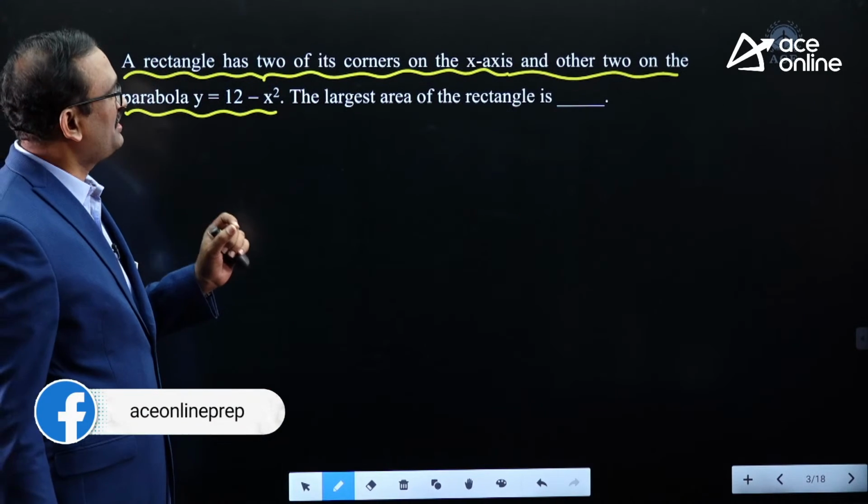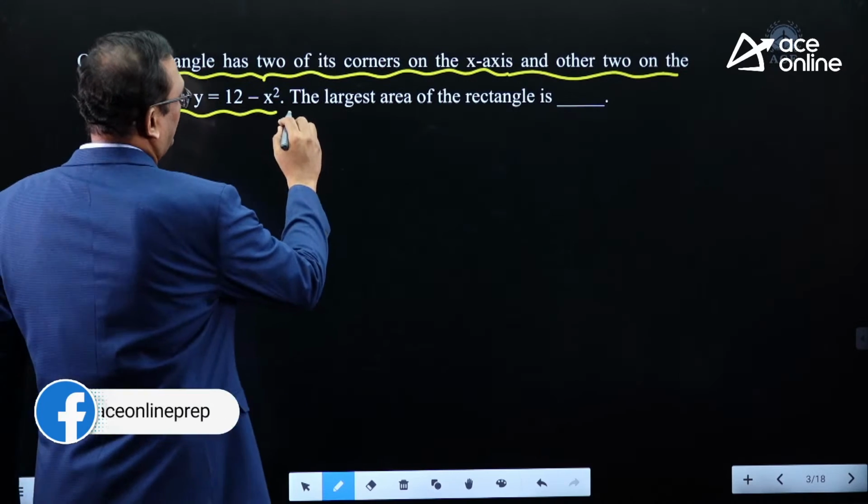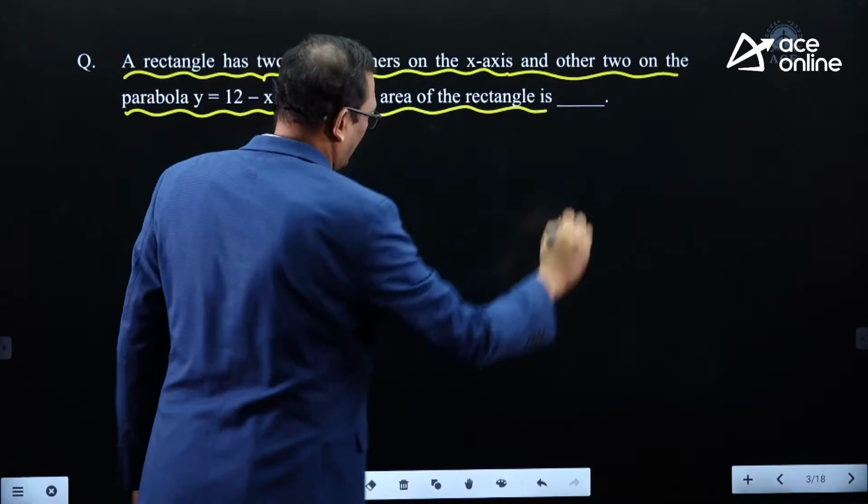The largest area of the rectangle is dash.